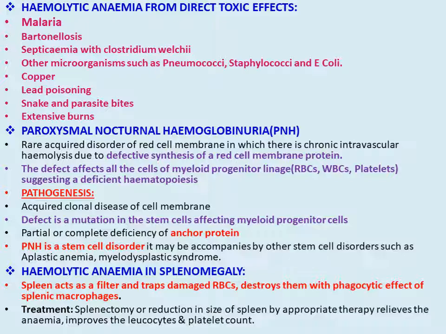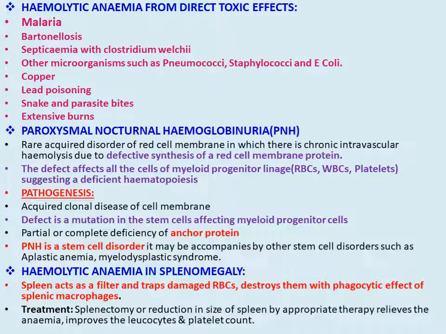Then next, paroxysmal nocturnal hemoglobinuria, PNH, a rare acquired disorder of the red cell membrane in which there is chronic intravascular hemolysis due to defective synthesis of red cell membrane protein. The defect affects all the cells of myeloid progenitor lineage.